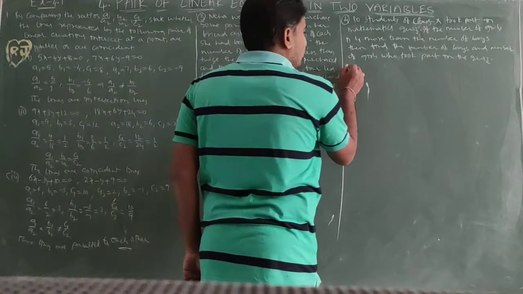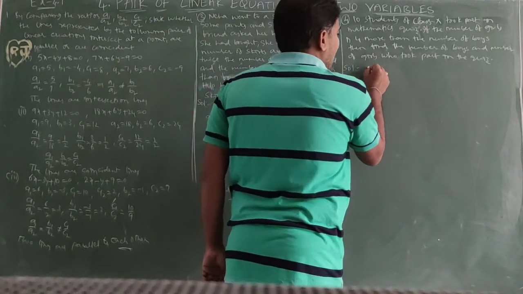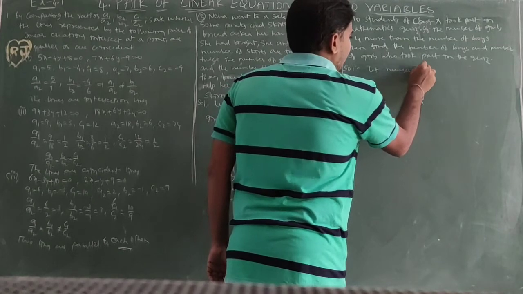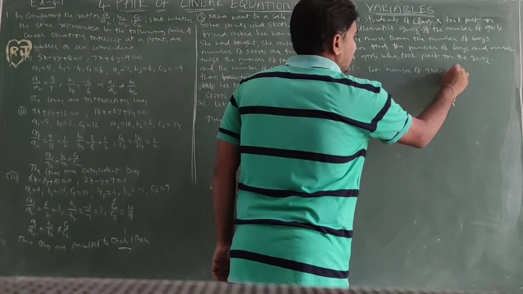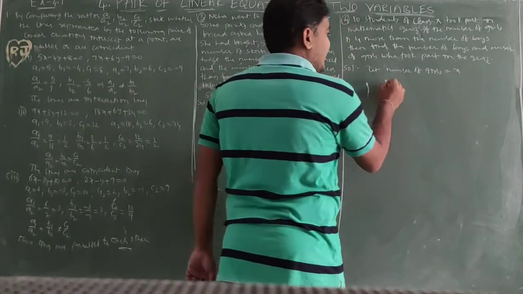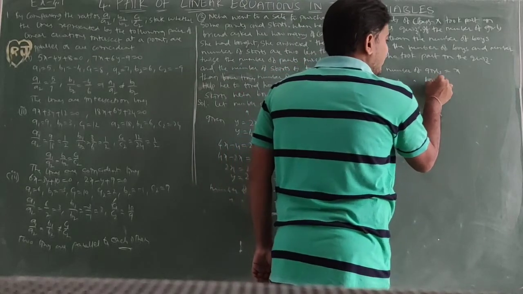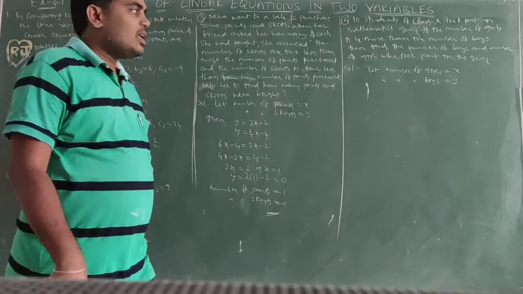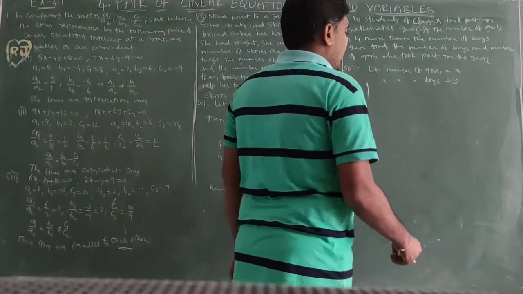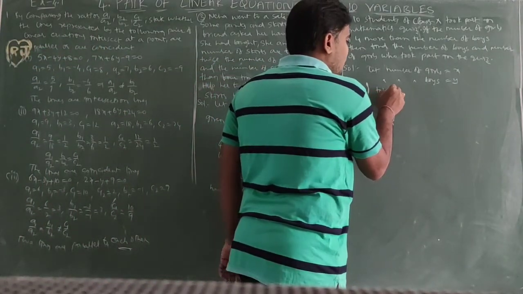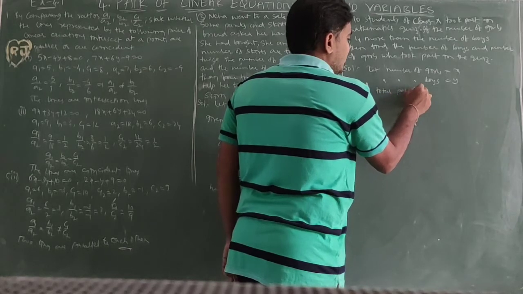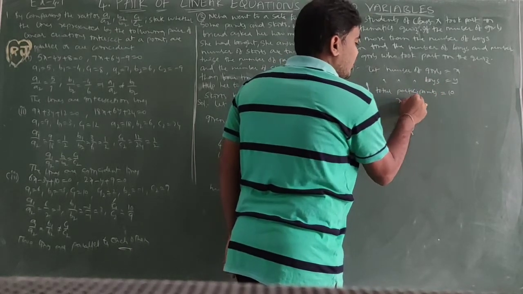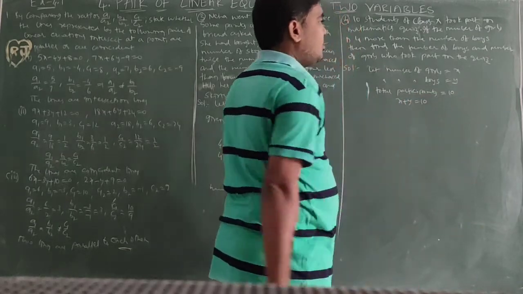Okay, now the solution. Let the number of girls equal x and the number of boys equal y. The total participants equal 10, so x plus y equals 10.